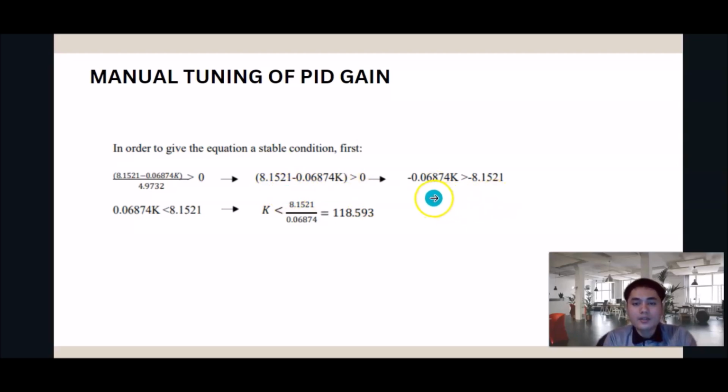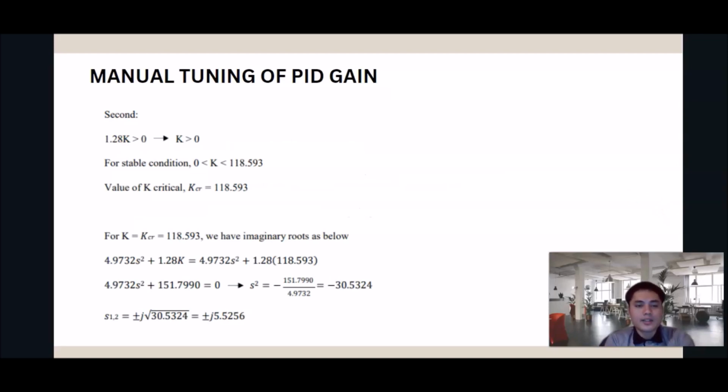So negative 0.06874K is bigger than negative 8.1521. We simplify again by removing the negative of both sides. And then last but not least, we want the value of K, so we put 0.06874 to the other side. When we put it to the other side, it becomes divide. So K equals to 118.593.